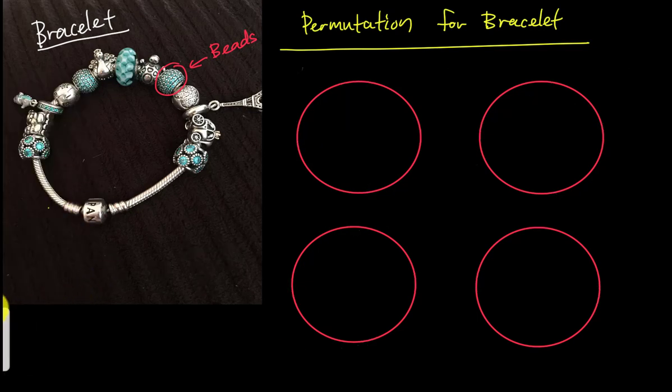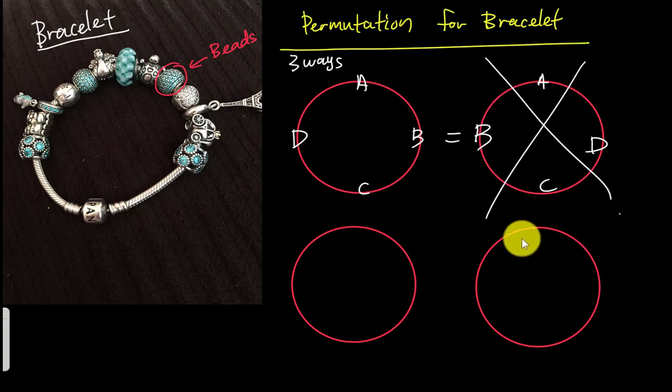Just now we said we only have 3 ways, isn't it? Since A, B, C, D and this one A, B, C, D are the same, like I mentioned just now, I cannot include this one as one of the ways. So right now, if A is here and I put the C bead at the opposite, I just want to make sure I insert another one.